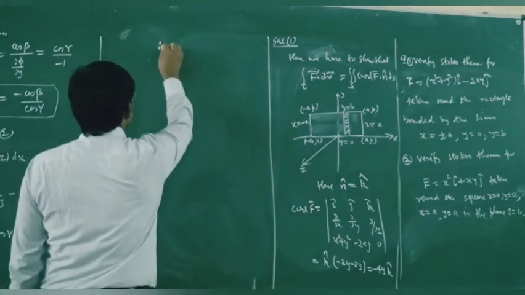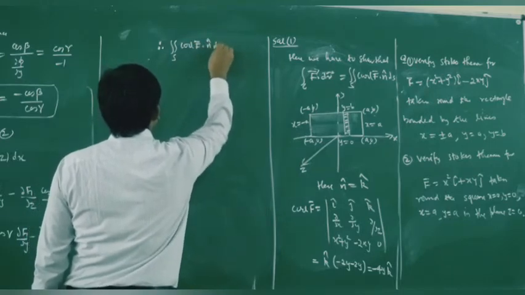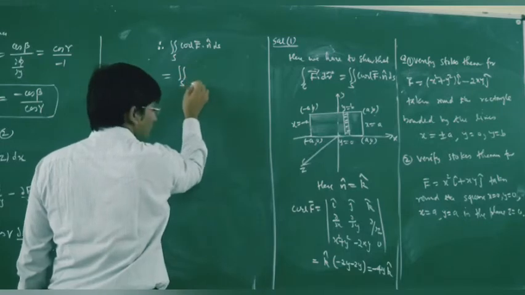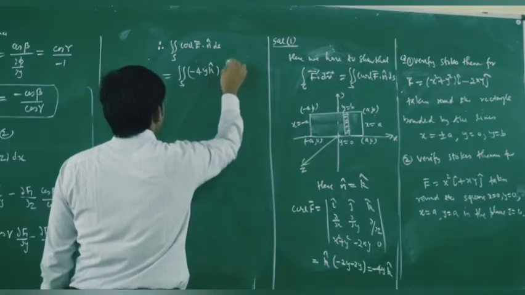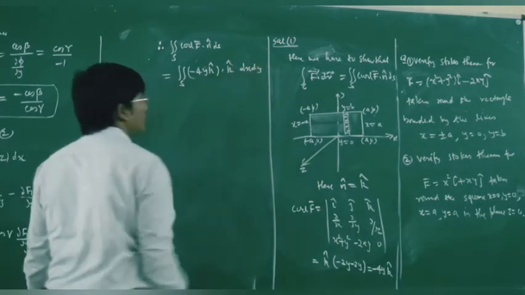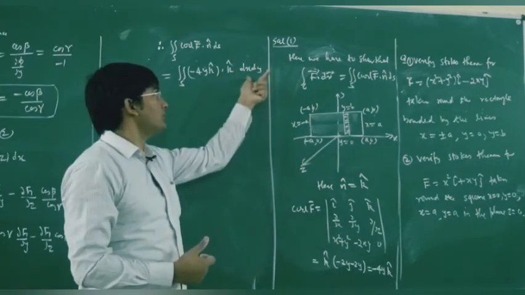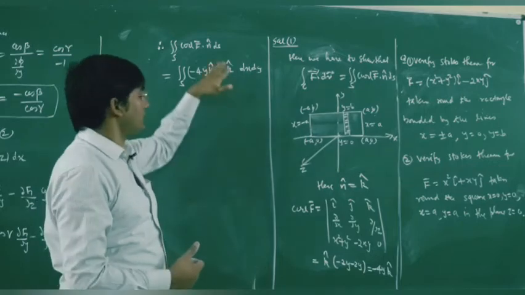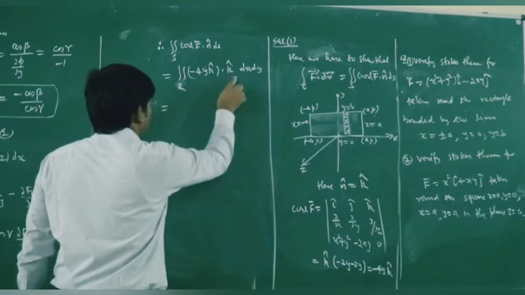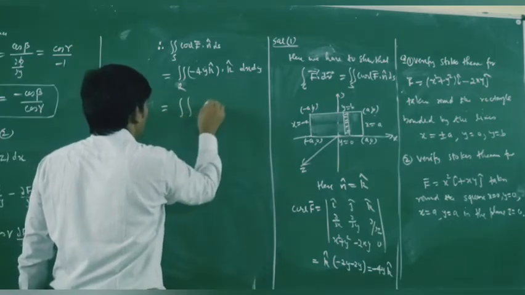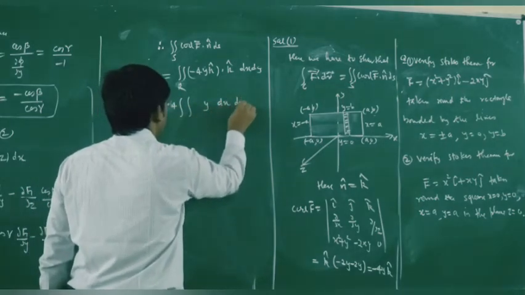Therefore your surface integral will be equal to, your curl f is minus 4y into k cap, then we have k cap into dx into dy for this plane. For this plane, if you take the projection, that will be dx into dy upon n dot k, and your n is k cap, so that will be 1. Now k dot k is 1, so we have minus 4, let us take this minus 4 outside, and in the bracket we will have y into dx into dy.